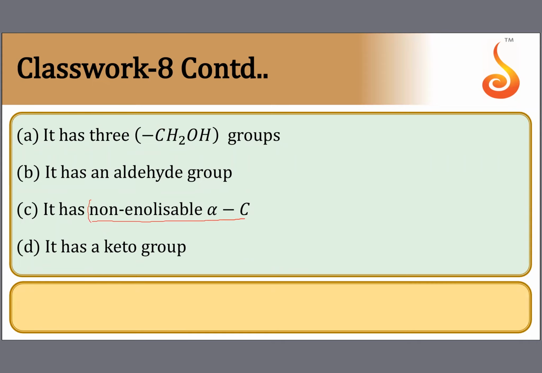An alpha carbon without alpha hydrogen is called a non-enolizable alpha carbon. So that is the main reason, right?